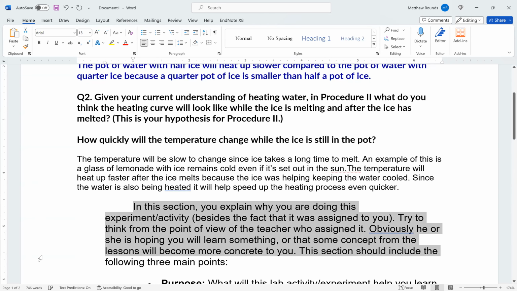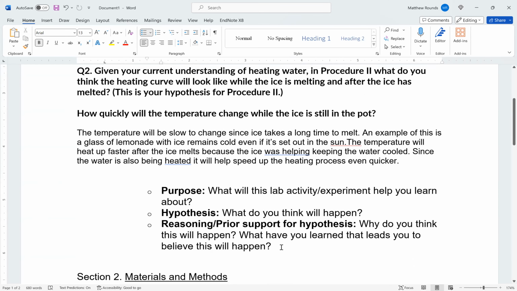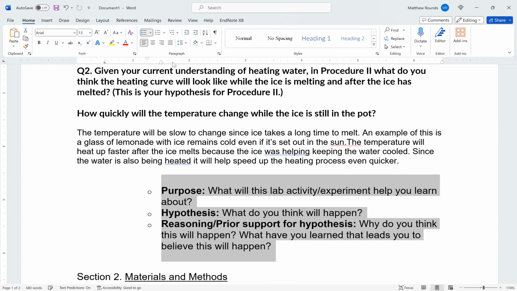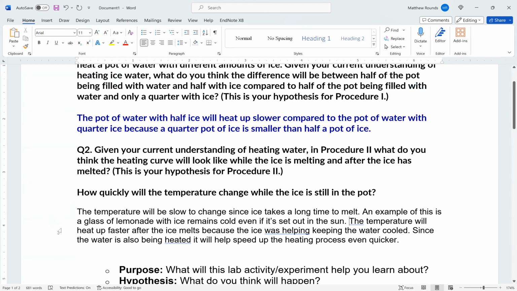Let me just do a quick formatting thing here. So we should talk about the purpose of the lab. What do you think they want you to learn about? We've just talked about it at length. The purpose of the lab is what we've just been talking about, these answers here.